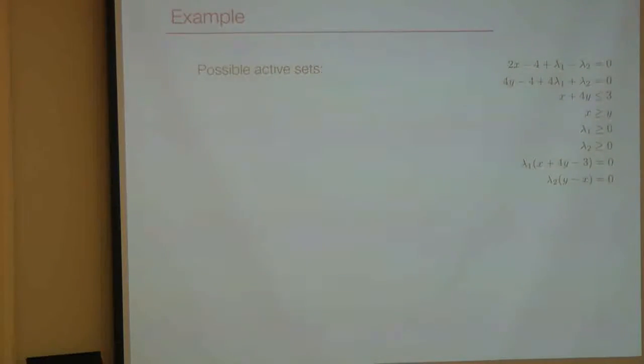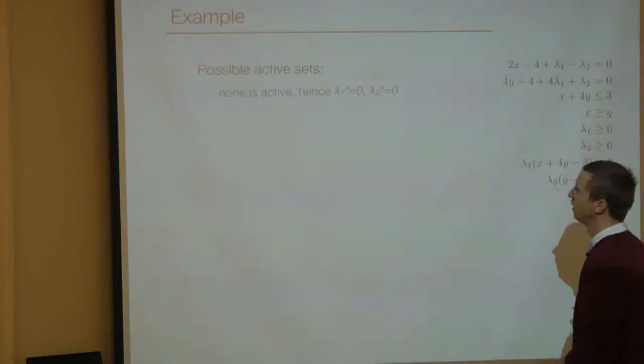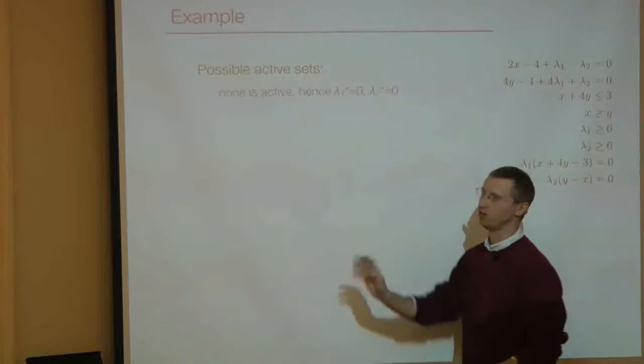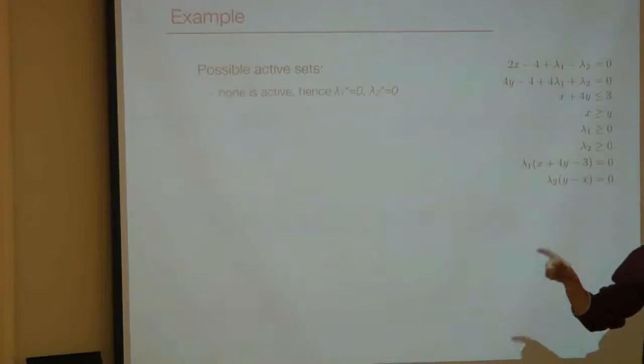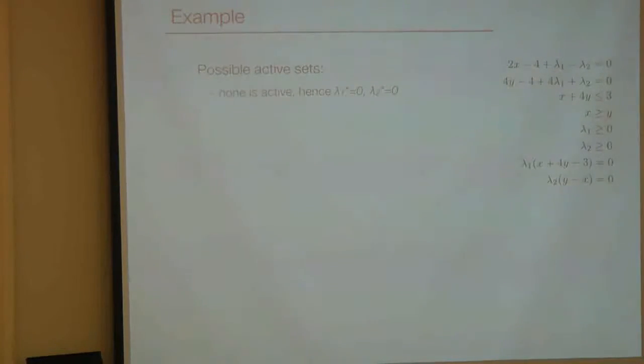But if they were linearly independent, it would mean we have an overdetermined system for which there is no solution. Okay? So that's why the candidates are as follows. The first one is no constraints active. We immediately know that if the constraint is assumed to be not active, then the corresponding lambdas are 0. That's easy. Now comes the situation where one constraint is assumed to be active.